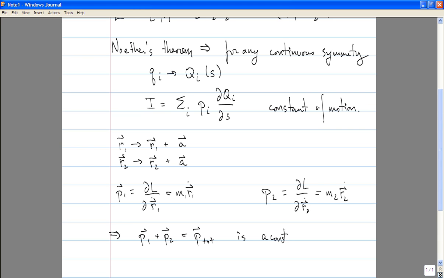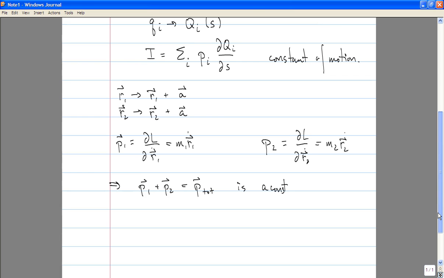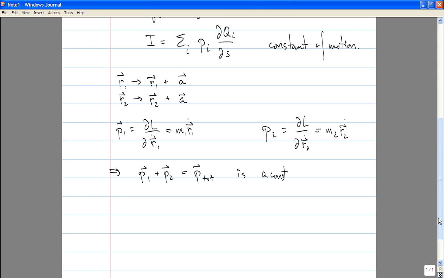Because of that, we decided that it would be useful to separate the system into a center of mass and relative position variables. So rather than using the variables r1 and r2, we decided to use the center of mass variable, which is m1 r1 plus m2 r2, as well as the relative variable r2 minus r1.